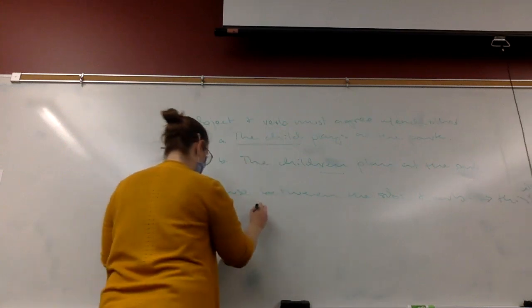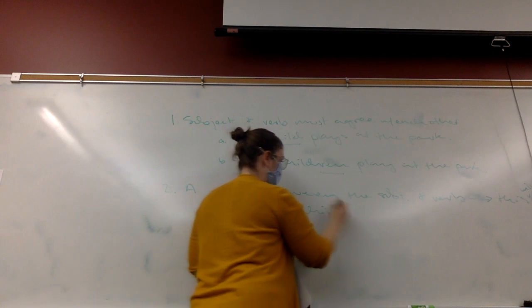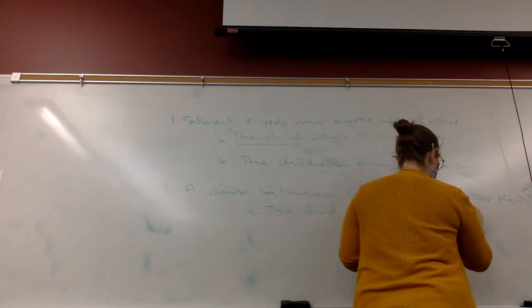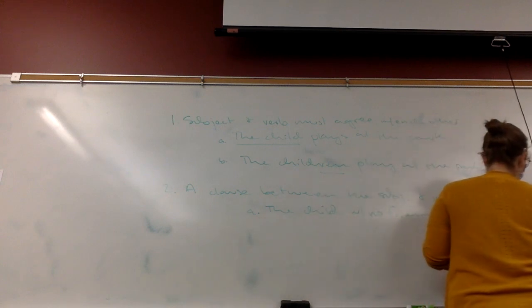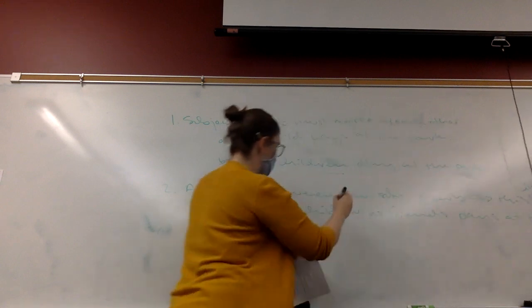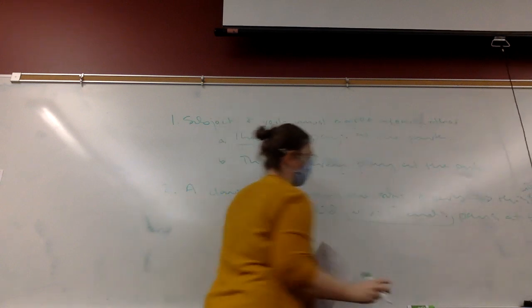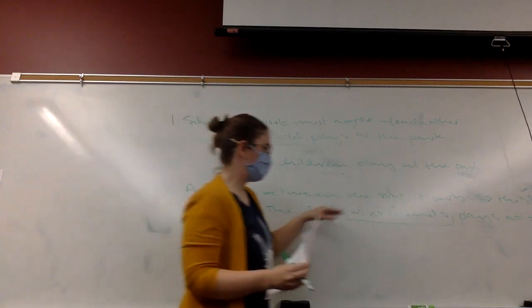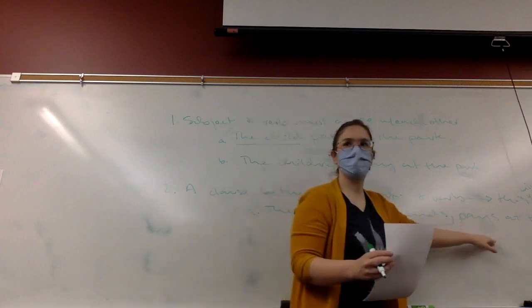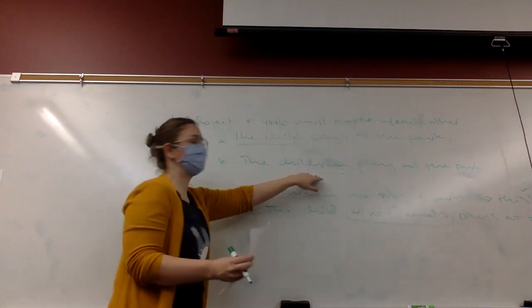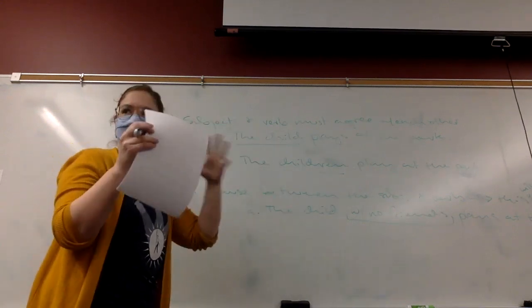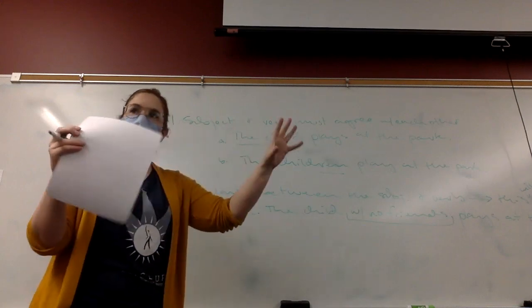Something like this: the child with no friends, oh, this is sad, plays at the park. Even though there's a phrase in the middle that says with no friends, you still keep the same verb form because it's still singular. It's still just one kid, right? And it would work with children too: the children who have lots of friends play at the park. So you look and see what the main subject is, and you want your verb to go along with that main subject.